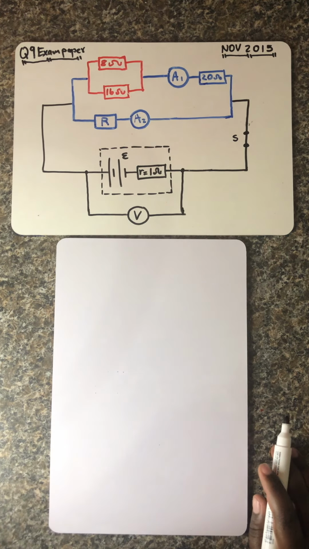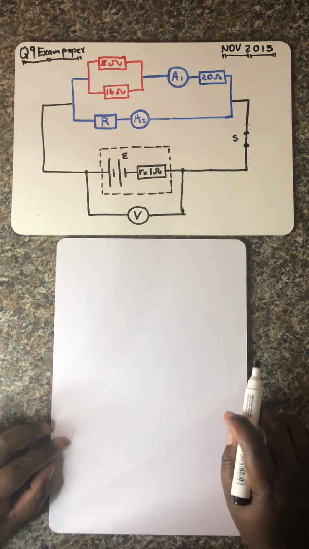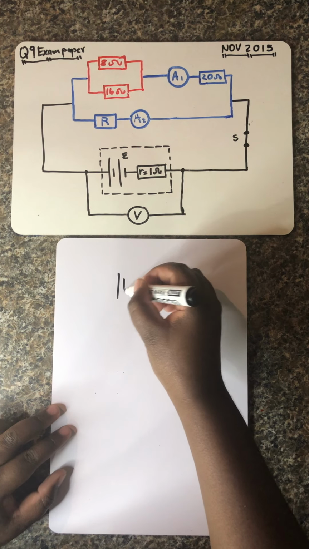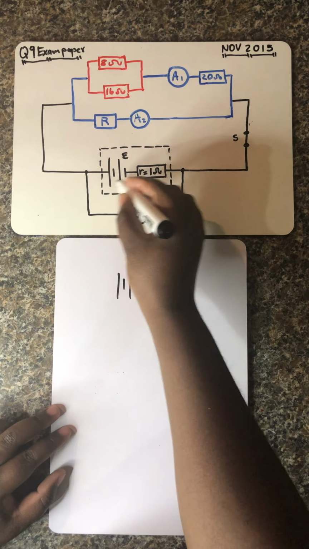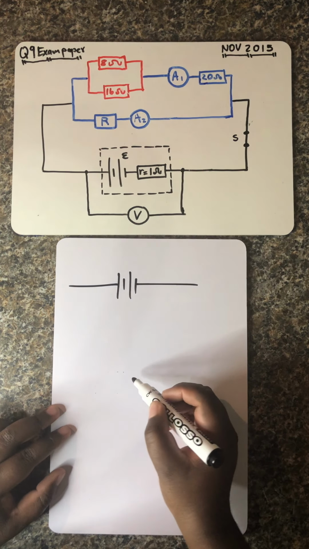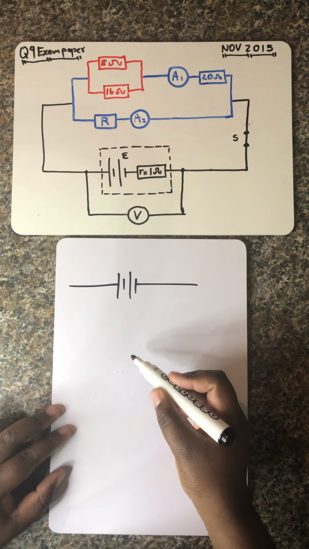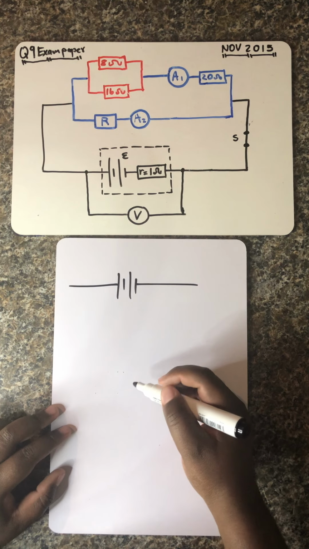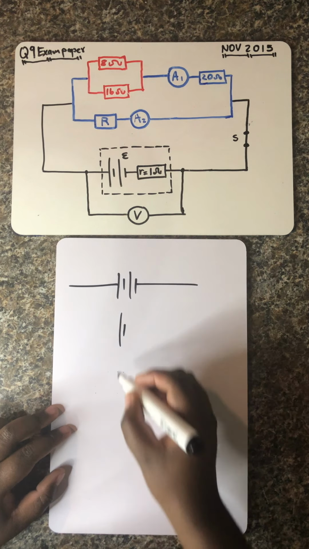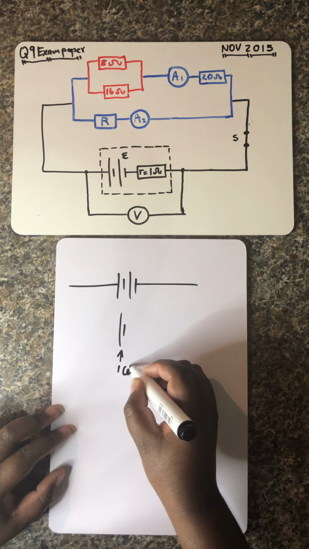Let me talk about the battery. We've got 2 cells as you can see there. Ladies and gentlemen, a battery is the combination of 2 or more cells. When you've got this long line and a smaller line, just know this is 1 cell.